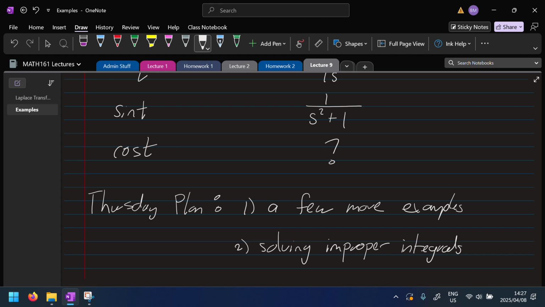And then the method of solving differential equations using the Laplace transform. We'll have a look at that briefly on the Thursday, but we'll look at that in a much more detailed way when we look at differential equations later in the year.